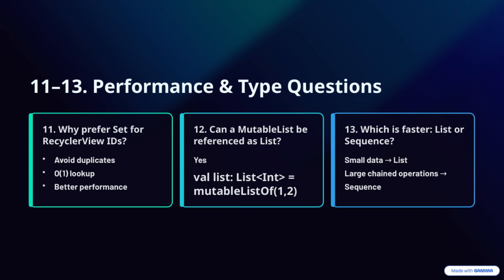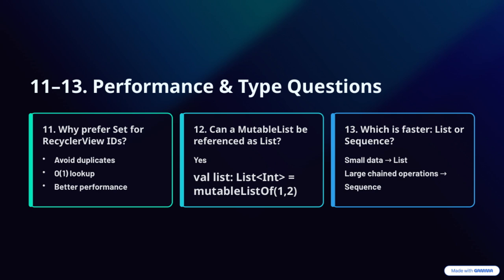To sum up, when choosing between these structures, consider the operation types and performance needs. Lists are great for ordered collections, sequences excel in chained, lazy operations, and sets are best when uniqueness and fast lookups matter most. These choices directly impact app performance and code safety, aligning with our overall goal of writing efficient, maintainable code.